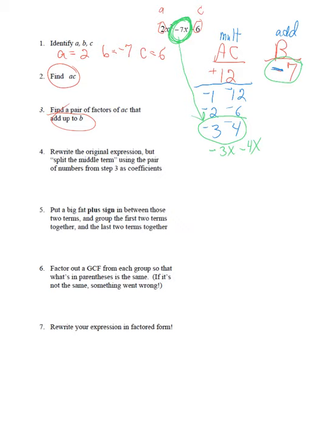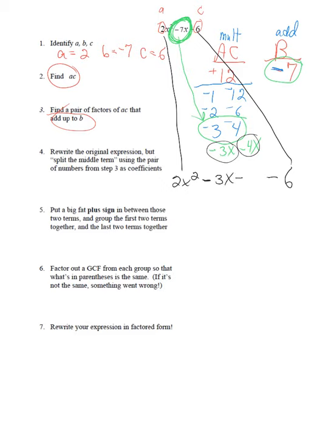So remember, I always grab the first term. I grab the last term. I leave a little room in between. And now I put that middle term, negative 7x, down in between. And actually, I have them right here. So I'm just going to drop them right in there now. Negative 3x minus 4x.